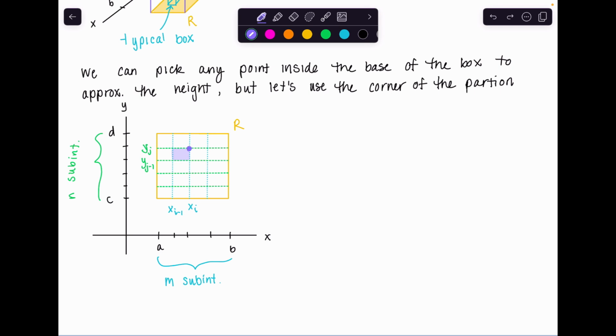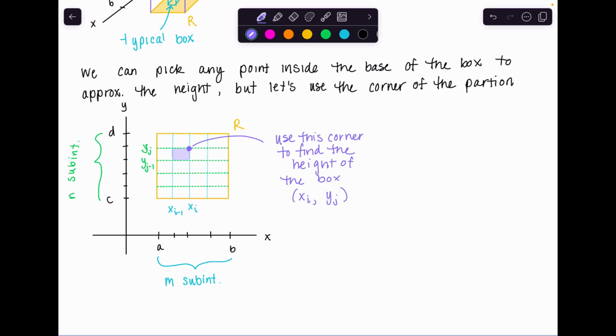So we're essentially using this upper right corner to find the height of the box. So the actual coordinates of that corner would be x sub i and y sub j.